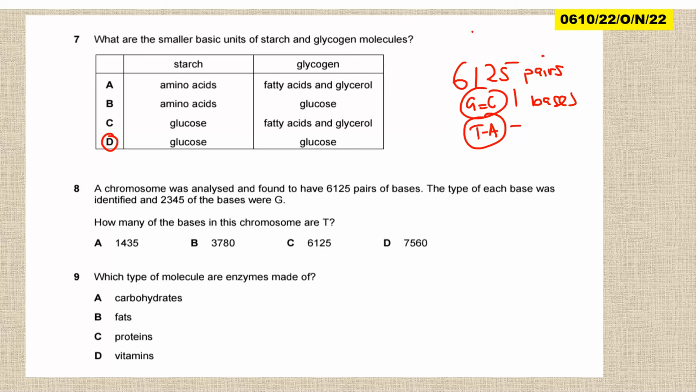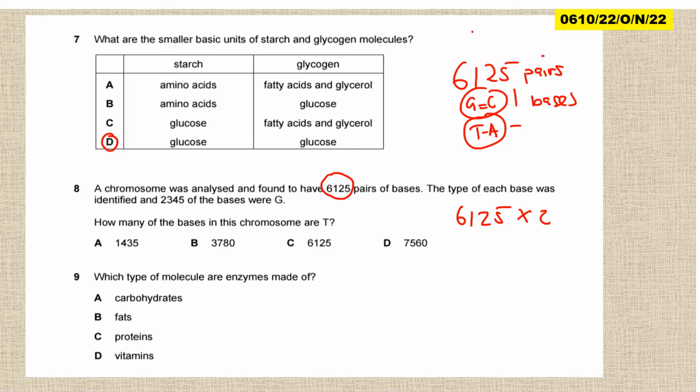So for question 8, a chromosome was analyzed and found to have 6,125 base pairs. Now, a pair of bases is a pair, this and that. So there are 2. What I want is to find the total number of bases.